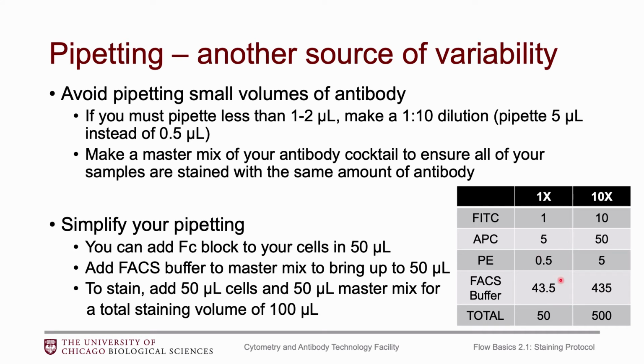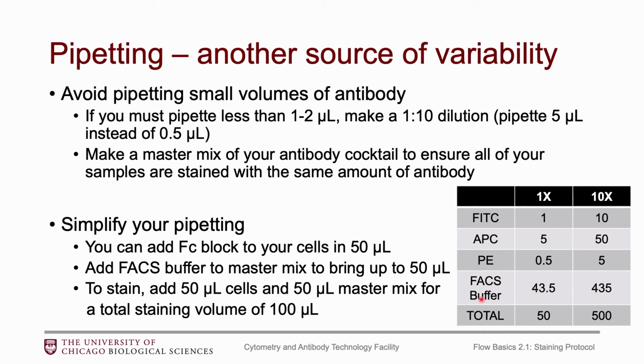So instead, I like to make a cocktail and then bring that up to a total of 50 microliters. So I'll add 43.5 microliters of FACS buffer to these antibodies. So then I would just need to add 50 microliters to my actual sample. But let's say I have 8 samples to run.